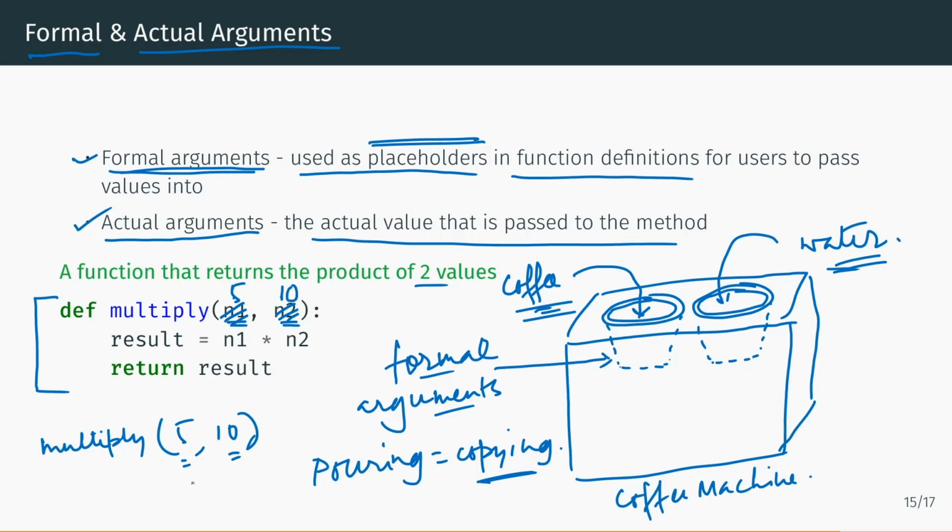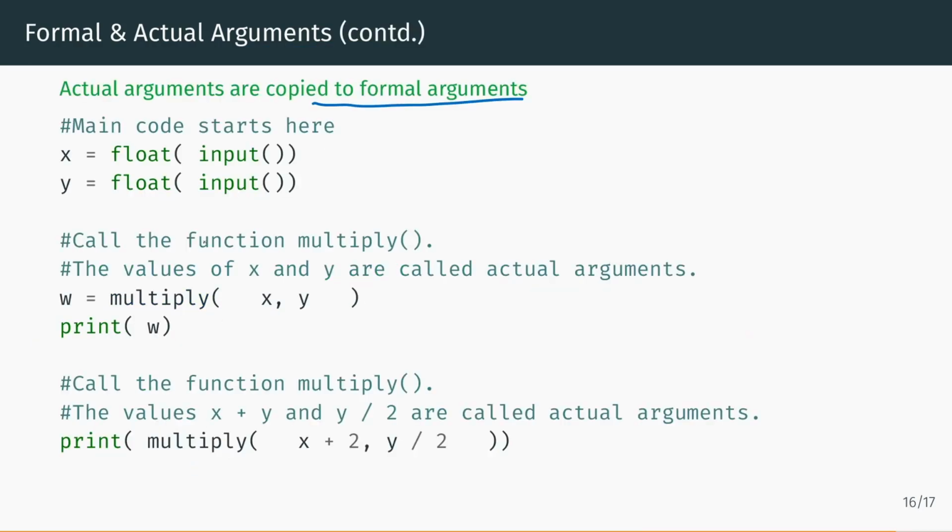So the actual arguments replace the formal arguments. In this case, x equals float input, y equals float input. This is where the user enters, let's say, 5 and 10. Then you call the function multiply, and you pass the values of x and y.